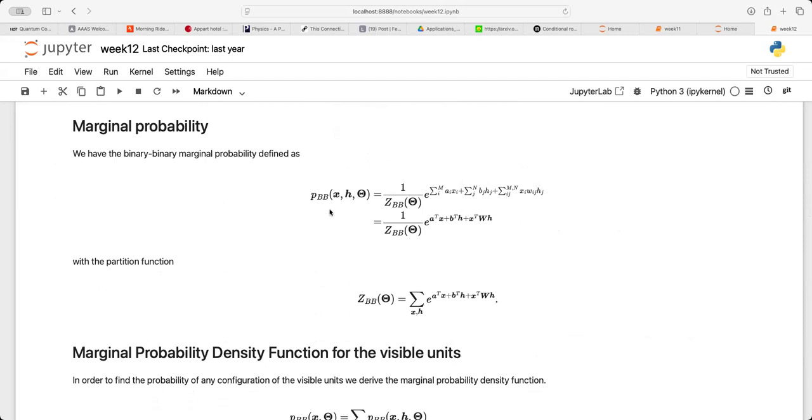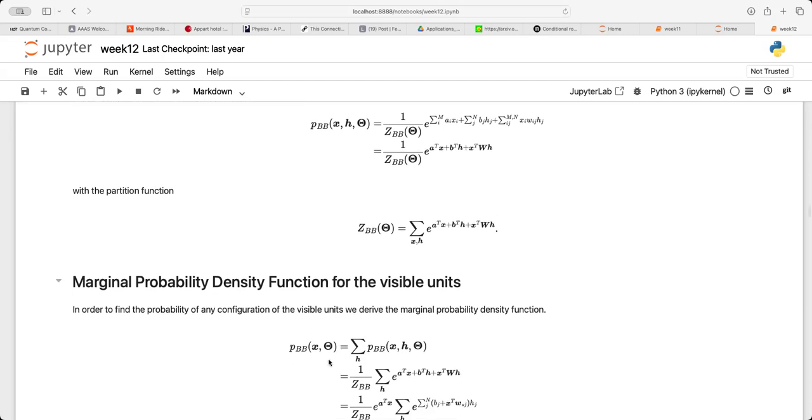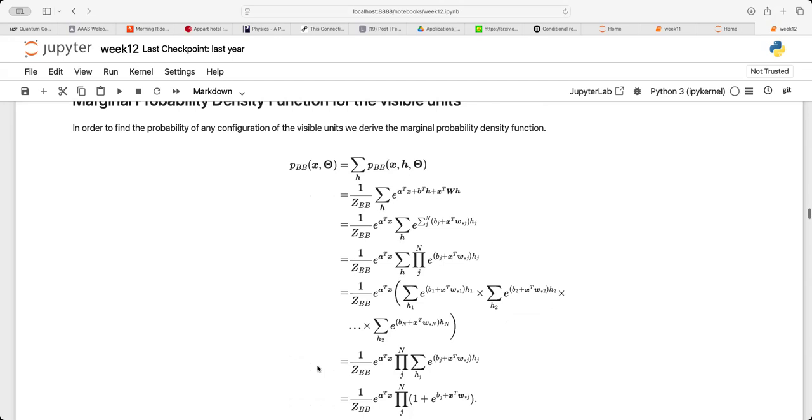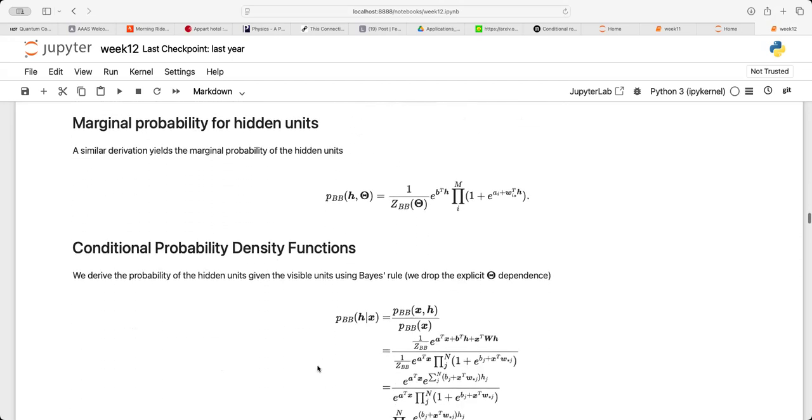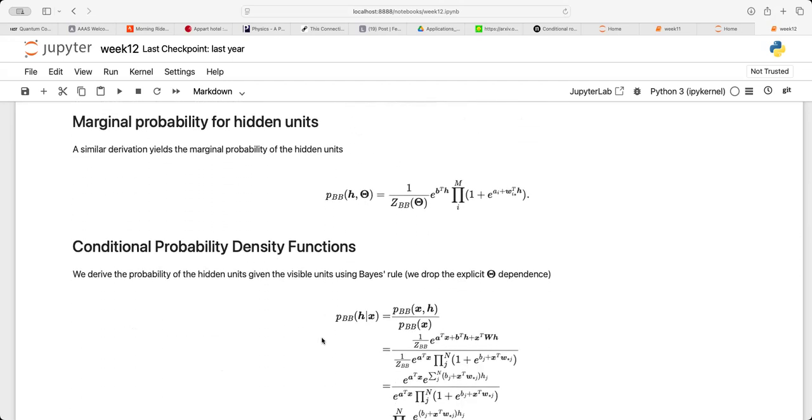So the probability for a binary is given by this expression here. And then you can find the marginal probability where you would sum over all the hidden nodes. You would need that in order to find out how a node in the visible layer and how a node in the hidden layer fires. So you can see these derivations here. You would also need this one. And you would also need the conditional probability. What is the probability of h given x?